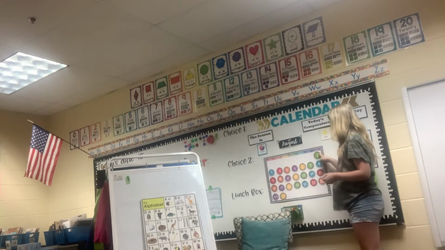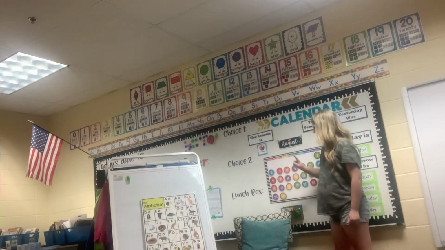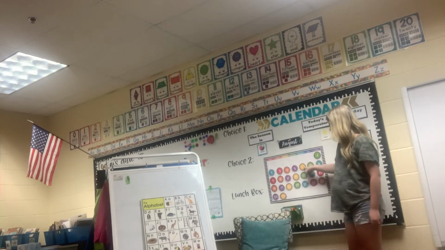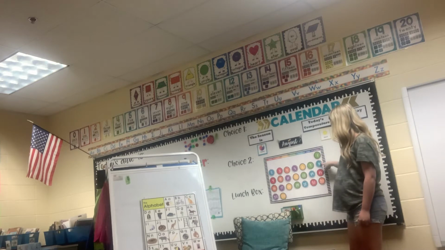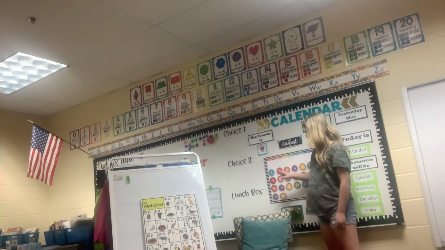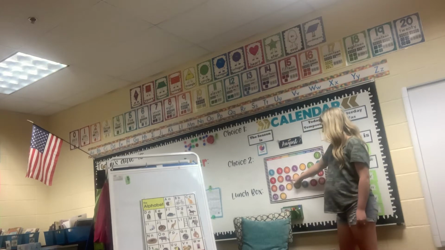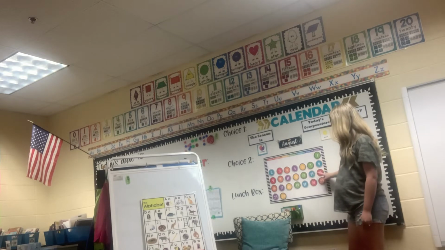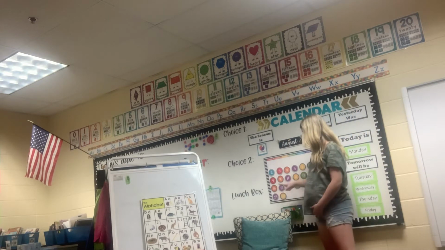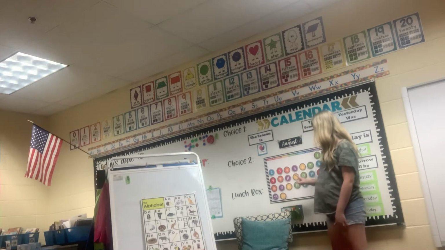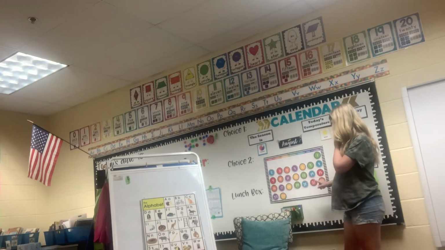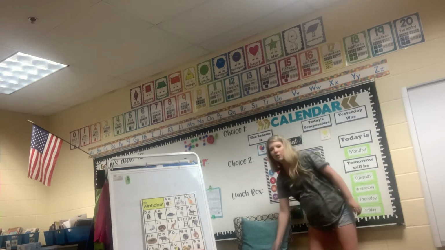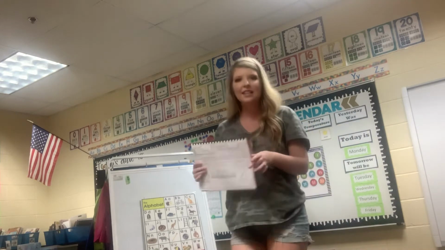We're going to go 1, 2, 3, 4, 5, 6, 7, 8, 9, 10, 11, 12, 13, 14, 15, 16, 17, 18, 19, so far, we have had 24 days in August.